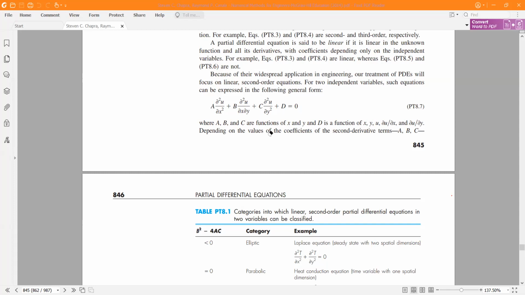Have you ever seen this equation in your courses? You have to say something. Did you see it? Yes or no?